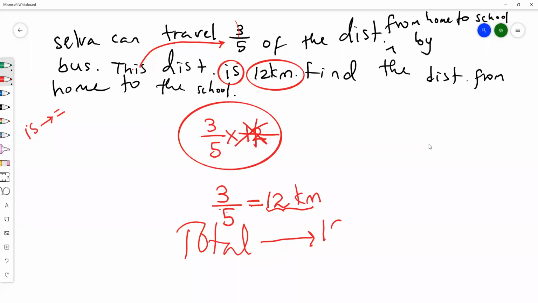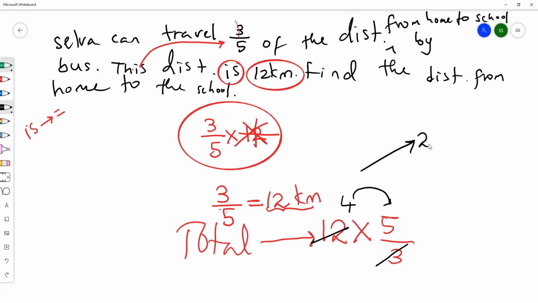Very good. 12 into, which is the numerator and which is the denominator? 5 and 3. 5/3. Simplification: 3 into 12 is 4 times. 4 into 5 is 20 kilometers, the total distance from school to home.